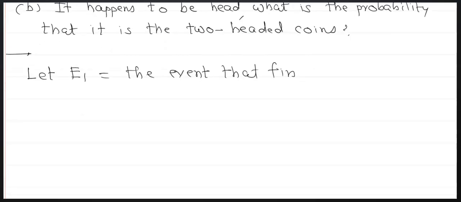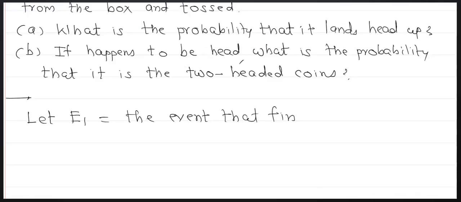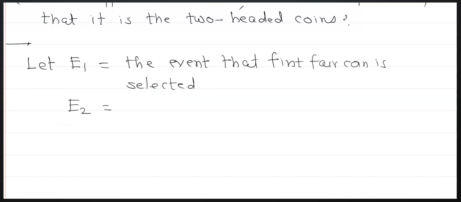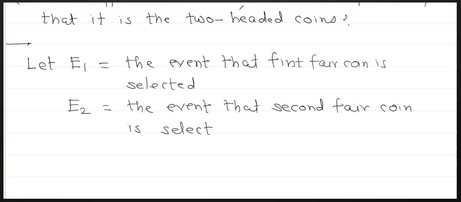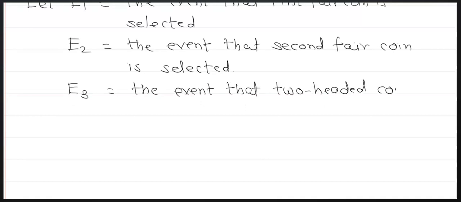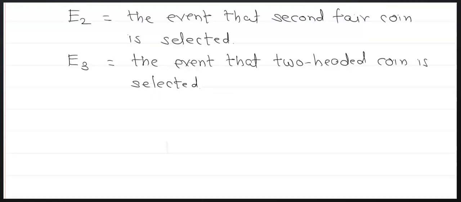Let E1 be the event that the first fair coin is selected, E2 the event that the second fair coin is selected, E3 the event that the 2-headed coin is selected, and H the event that the head turns up.